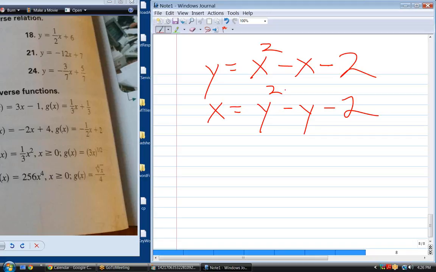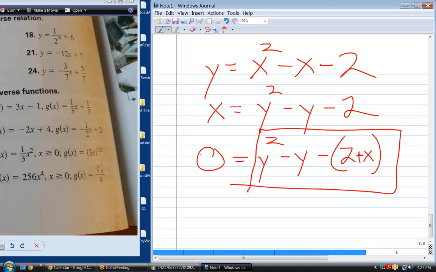Here's the tricky part. This is a quadratic. We can solve quadratics if one side is equal to 0. So I'm going to subtract x from both sides and get this, and I'm going to treat x as a constant. Now, that leaves 0 over there. How do I solve this quadratic? Using the quadratic formula and treating c as 2 plus x.